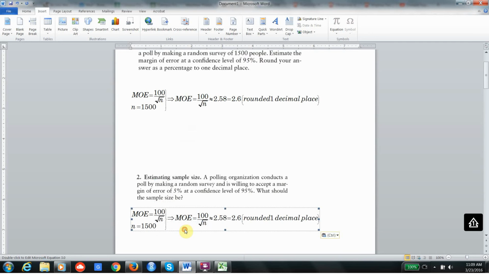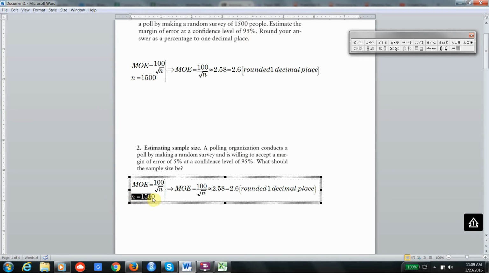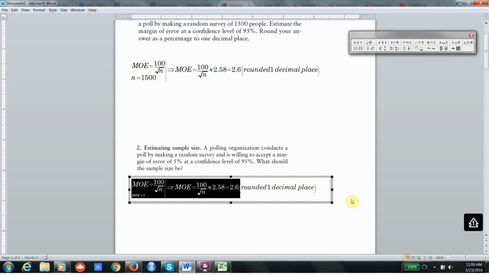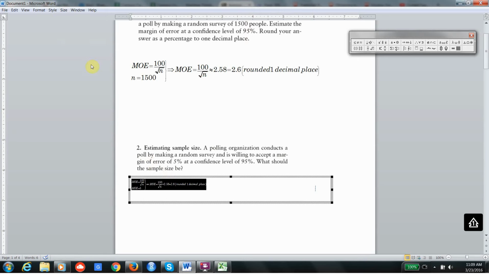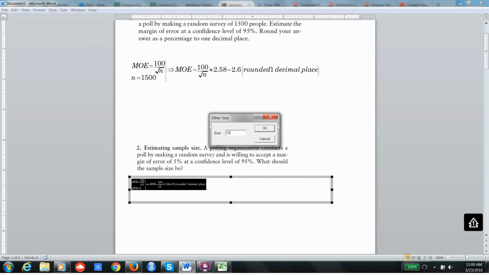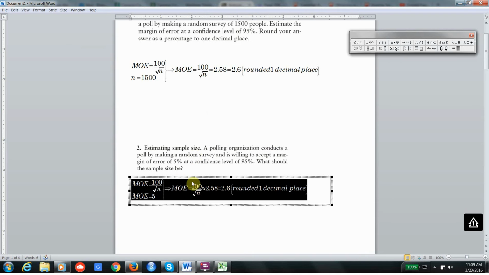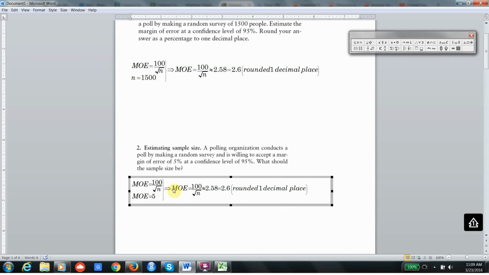So I'm going to use this formula, but now I'm going to use the fact that the margin of error is 5%. Now all I'm going to do is solve for n. I put 5 in here, square root of n, and so I can solve this equation.